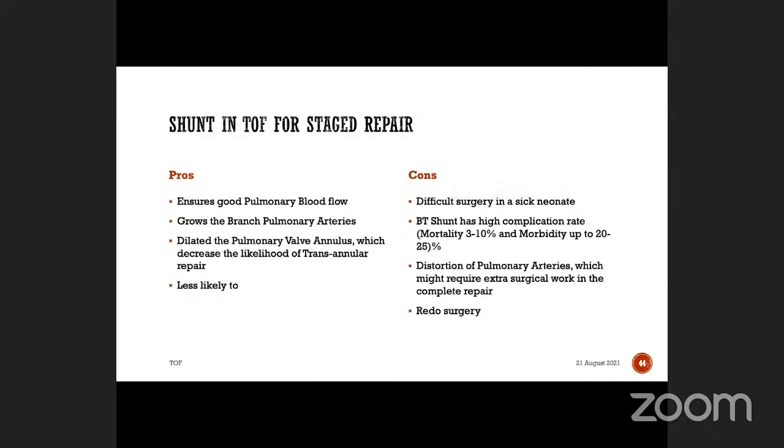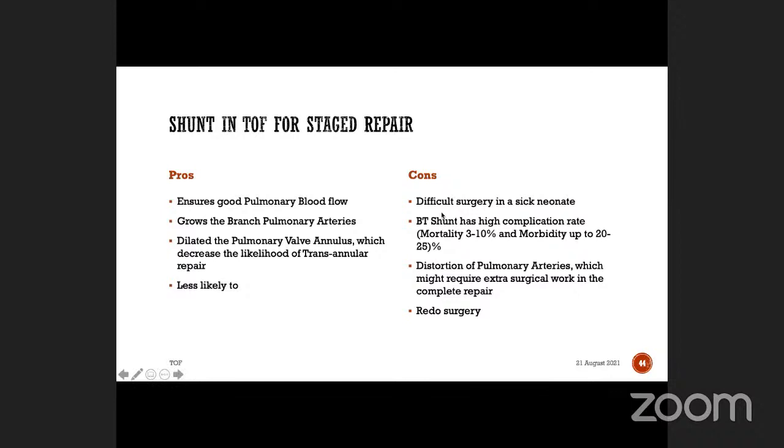Shunt in tetralogy for staged repair. So some centers do shunt all of these children. It ensures pulmonary blood flow, and growth of the branches is guaranteed. It dilates the pulmonary valve annulus because of the retrograde flow, which decreases the likelihood of a transannular patch, and they are less likely to have cyanosis.